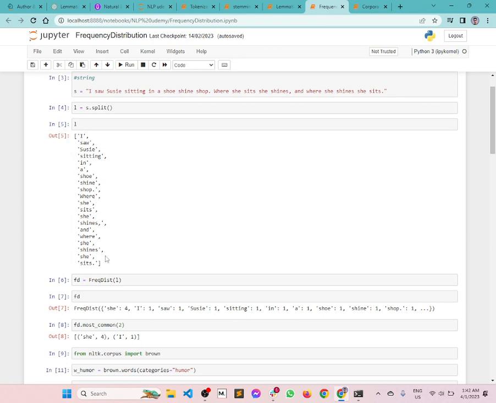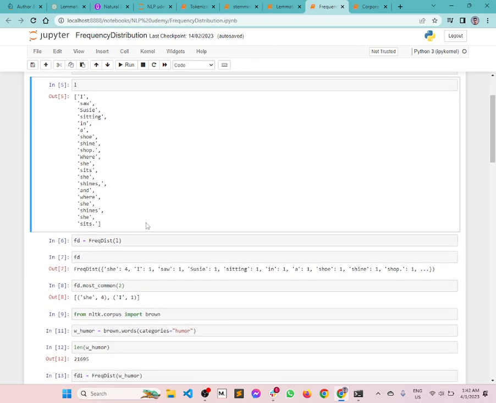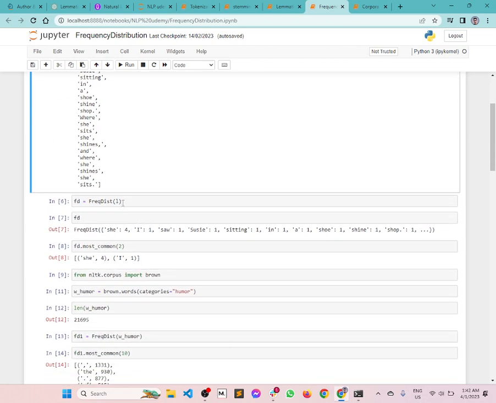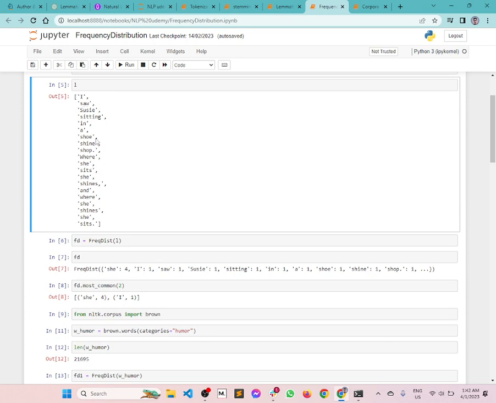And then we calculate the frequency distribution, which is actually the word count, the number of times each word occurs in these sentences.